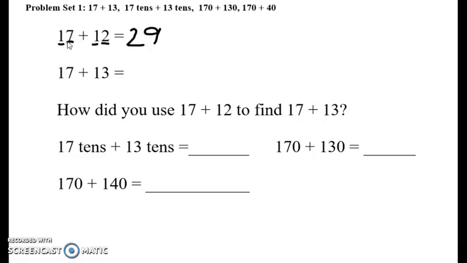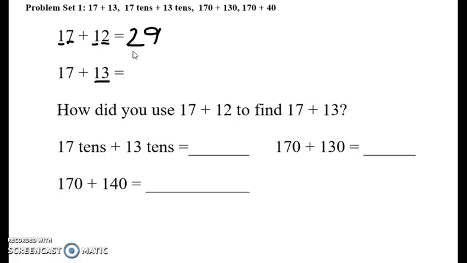Now, if I know that 17 plus 12 equals 29, let's take a look at 17 plus 13. These two problems are very similar. In both problems, our first addend is 17. Our second addend in the second problem, the 13, is one more than the 12.